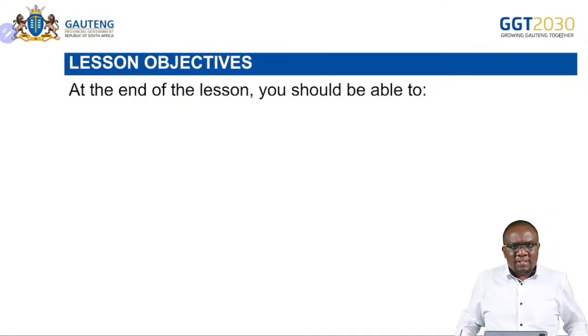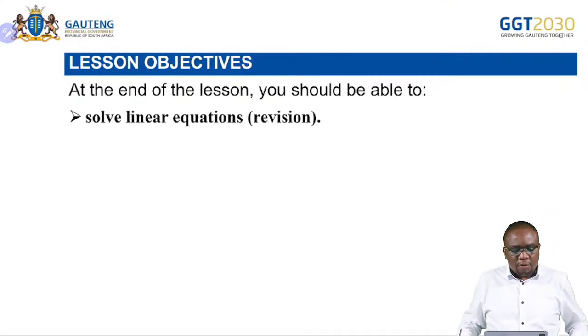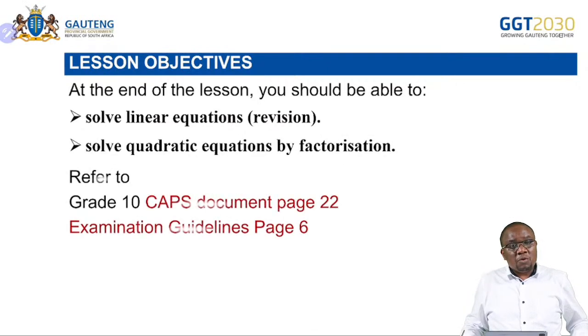At the end of the lesson, grade 10s, you should be able to solve linear equations. It's revision. Remember, we did this in grade 8, grade 9. So there's nothing new about this, okay? And then we're going to solve quadratic equations by factorization. Do you remember factorization? How do we factorize?